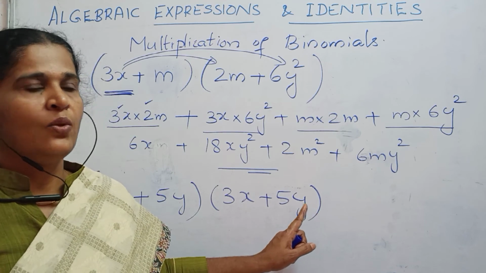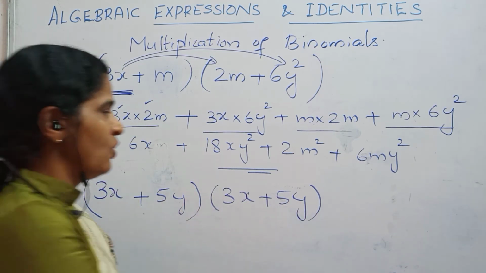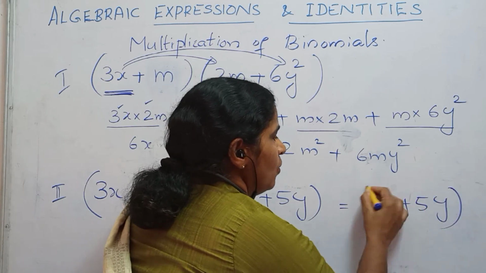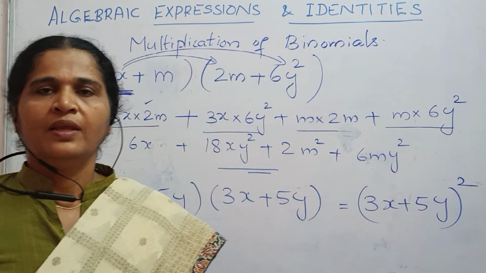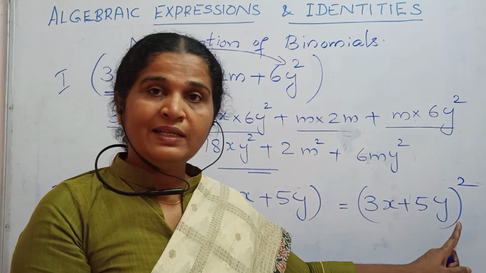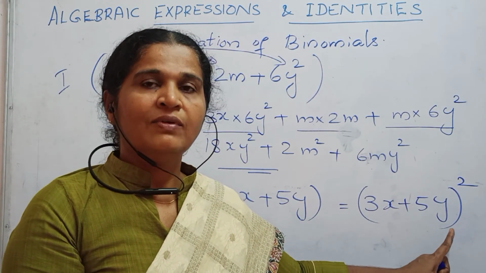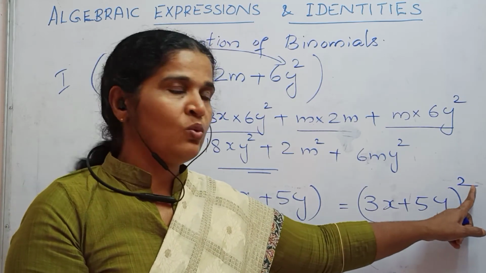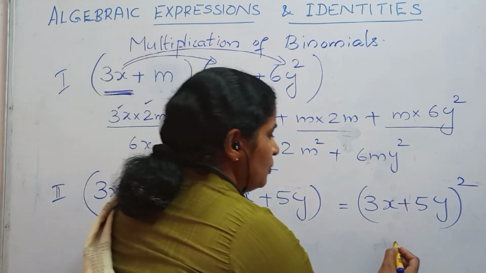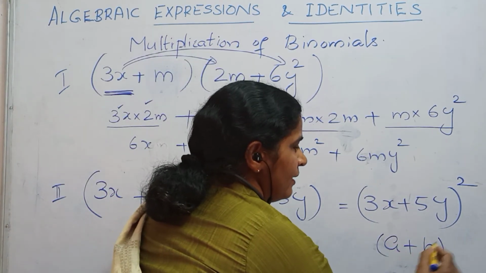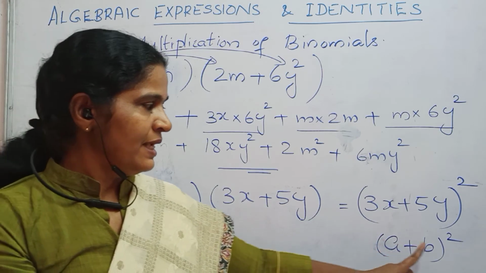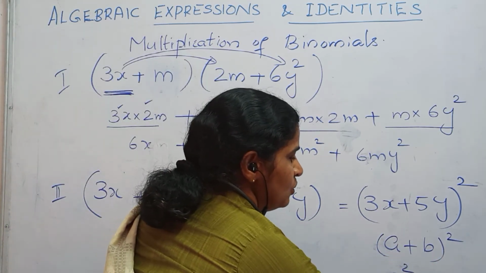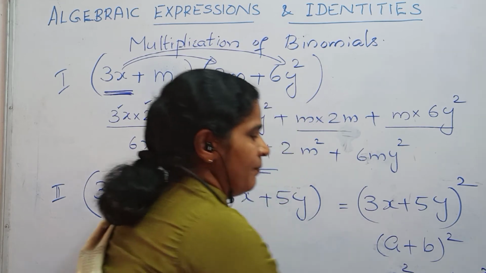In such a case, we can write it together in a short form like (3x + 5y) the whole square. Here we can think of the identity that we studied. What is the identity if two terms are there inside the bracket and there is a whole square? It is similar to (a + b) the whole square. If such a case comes, we know the answer is a² + 2ab + b².